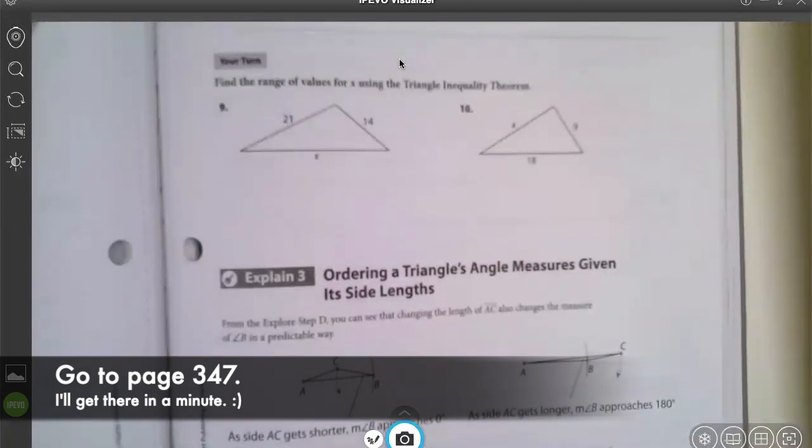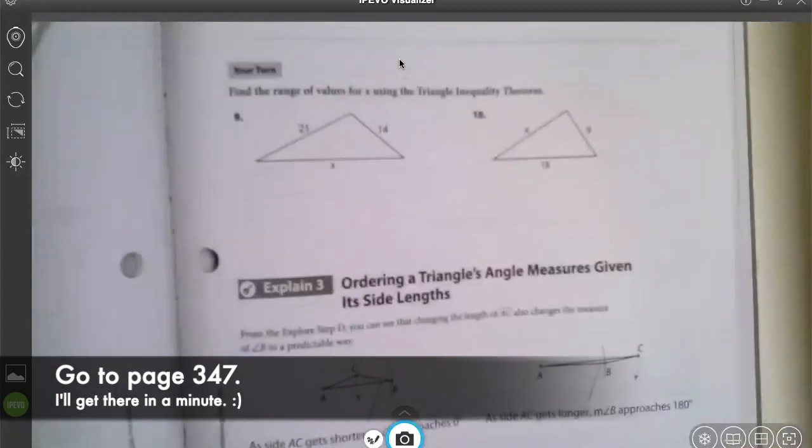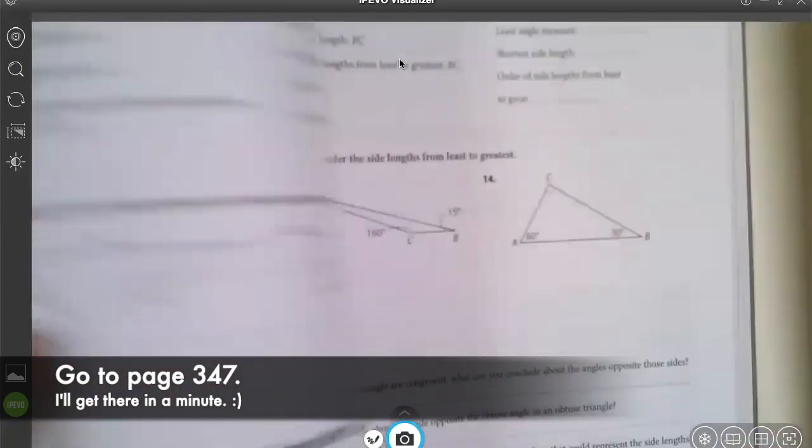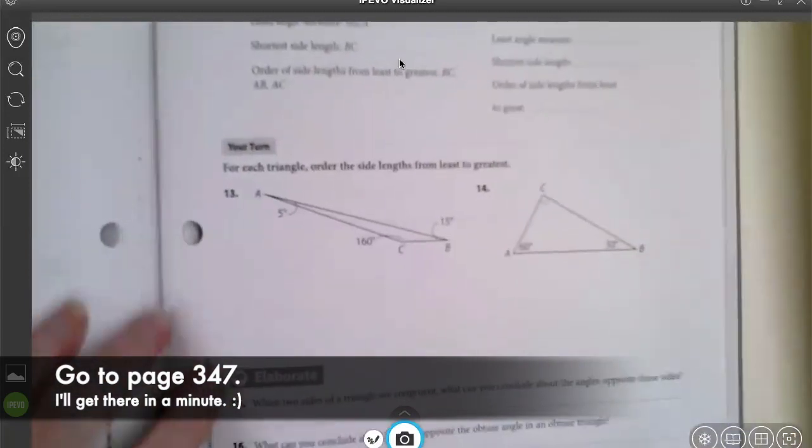We are going to order, I'm sorry, not 345. Go to 347. We're going to order the sides and the angles based on the knowledge we just gained from that little demonstration. We're going to start with numbers 13 and 14.